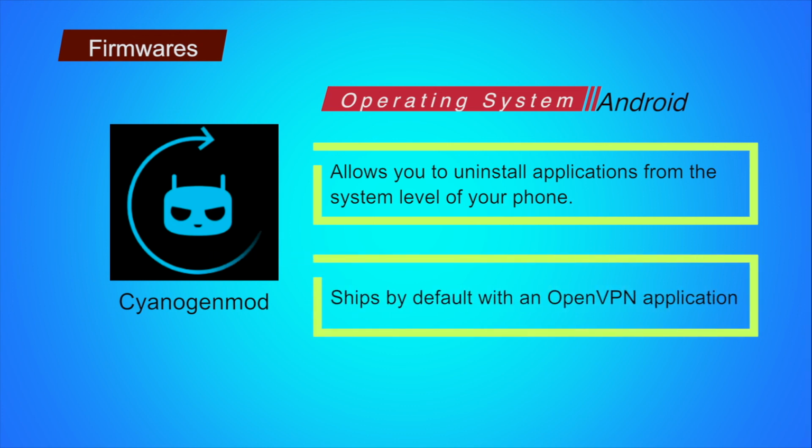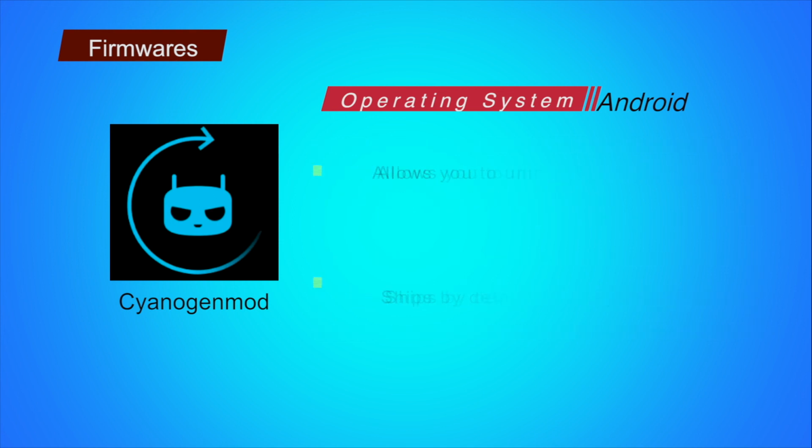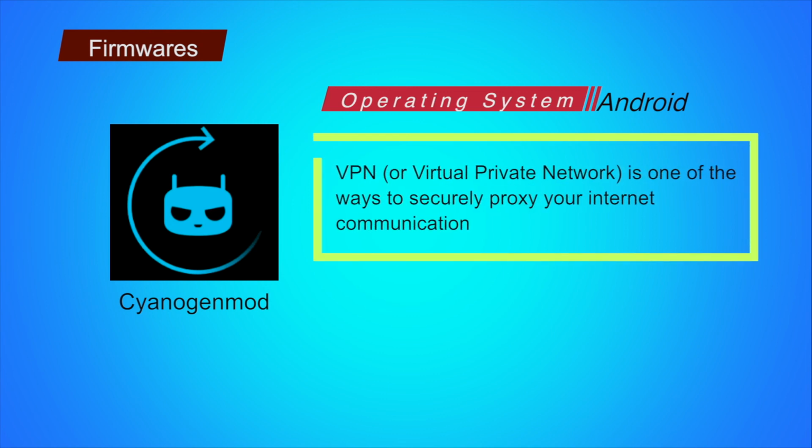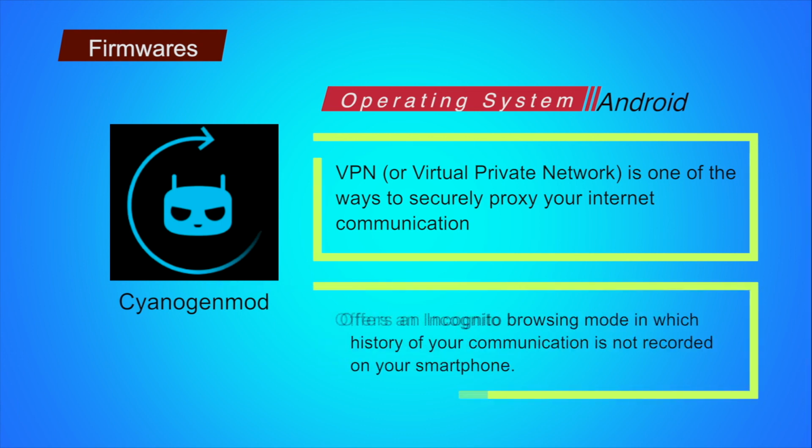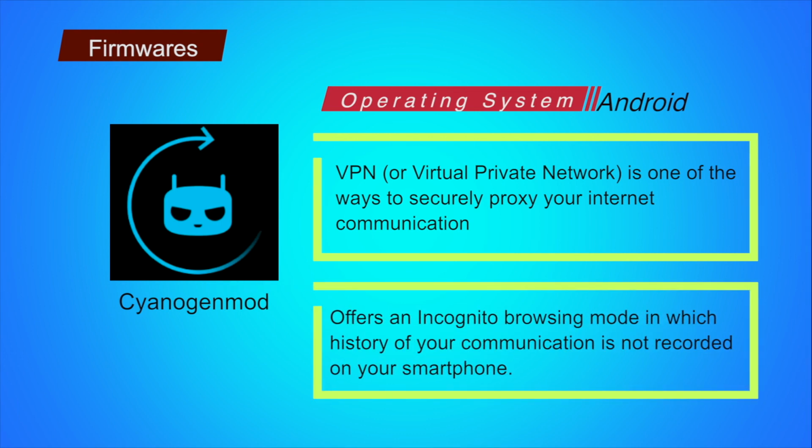In addition, CyanogenMod ships by default with an OpenVPN application, which can be tedious to install otherwise. VPN, or virtual private network, is one of the ways to securely proxy your internet communication. CyanogenMod also offers an incognito browsing mode in which the history of your communication is not recorded on your smartphone.